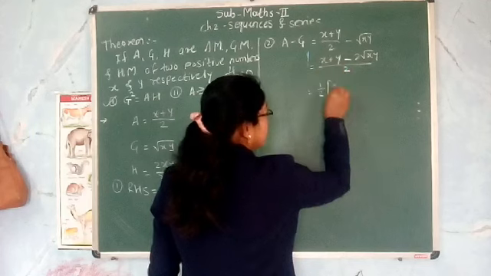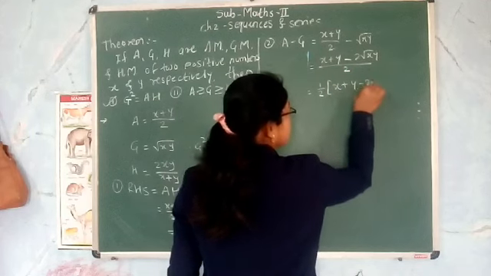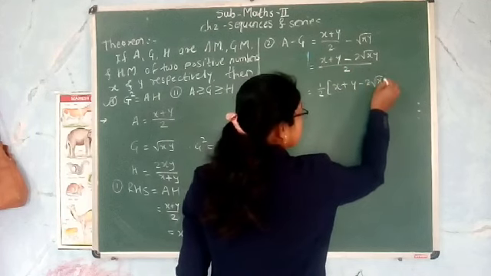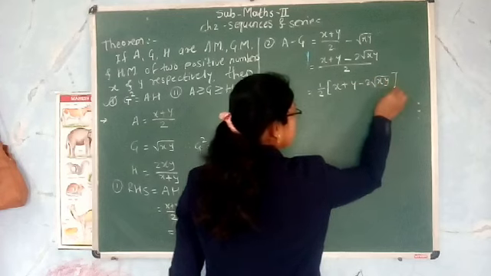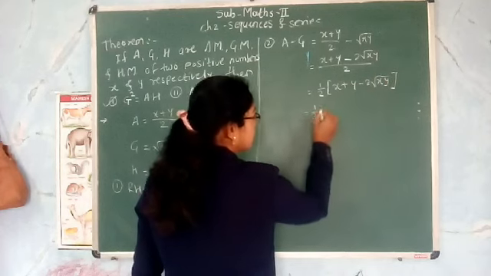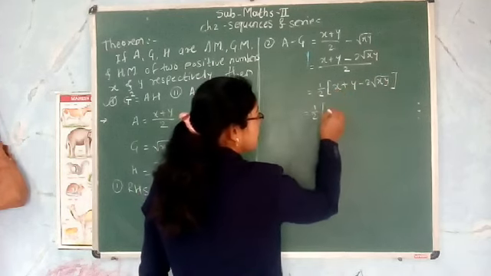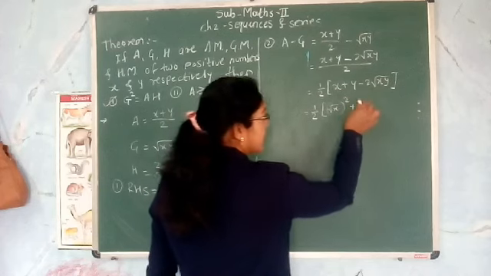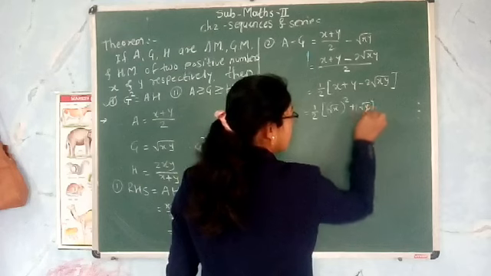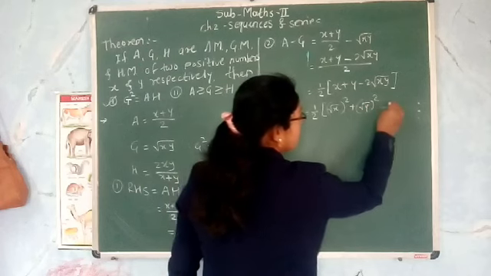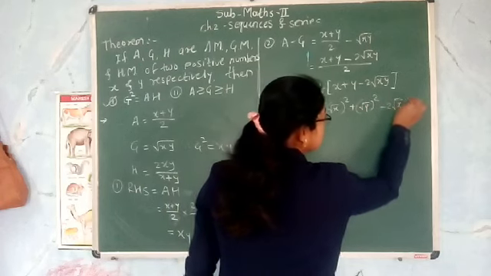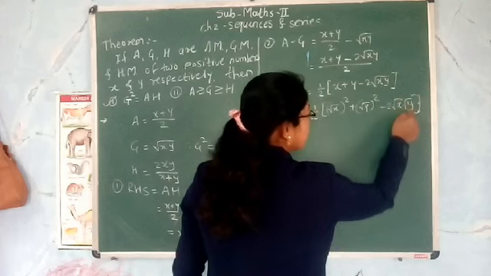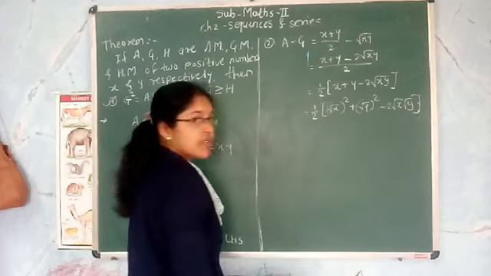So this is 1 by 2 of x plus y minus 2 under root of xy. Root x can be written as root x whole square, y can be written as root y whole square, and this is minus 2 root x into root y. Root xy can be written as root x into root y.